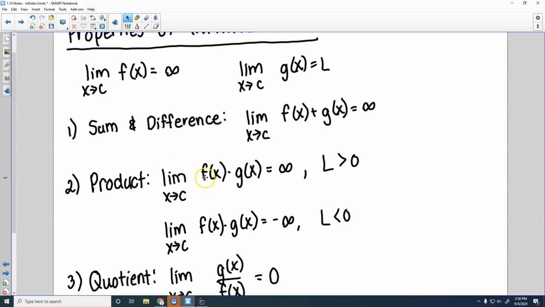If I'm doing f of x times g of x, and this limit right here is infinity, I will get infinity, unless L is a negative number. If L is a negative number, then I get negative infinity, because remember, we talked about yesterday that if you multiply or divide infinity by a negative, it will flip it from positive to negative infinity and vice versa.